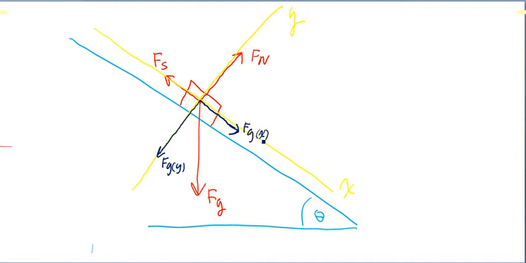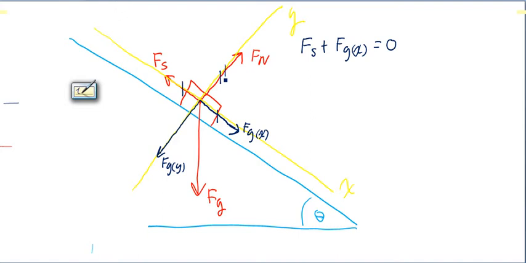Now that we've drawn those two forces, we can immediately say that force gravity in the x direction and Fs will be equal to each other, and they'll add up to 0 because of Newton's first law. So Fs plus Fg in the x direction equals 0.